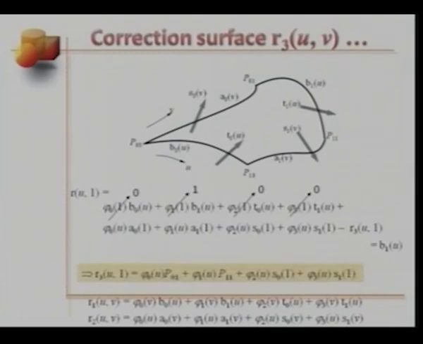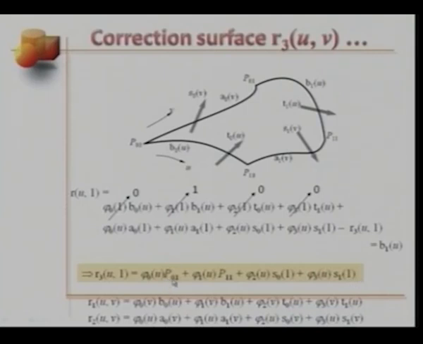We can simplify this complex looking equation as r3 u1 equals phi 0 of u times p01 plus phi 1 of u times p11 plus phi 2 of u s01 plus phi 3 of u s11.